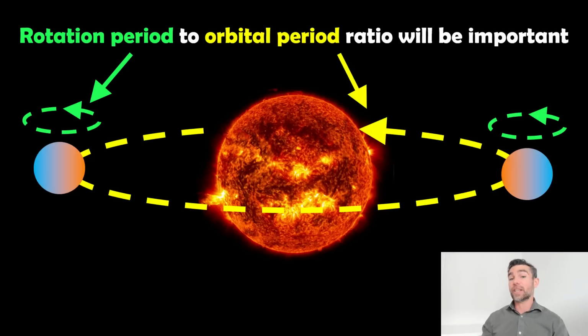It's always got the same face facing towards us, and if you were standing on the surface, from the moon you'd always see the Earth, and that means your days and nights don't change, not like we do here. So the rotation period of the planet, which gives us our day and night, is important with regards to how long it takes to go around the star.